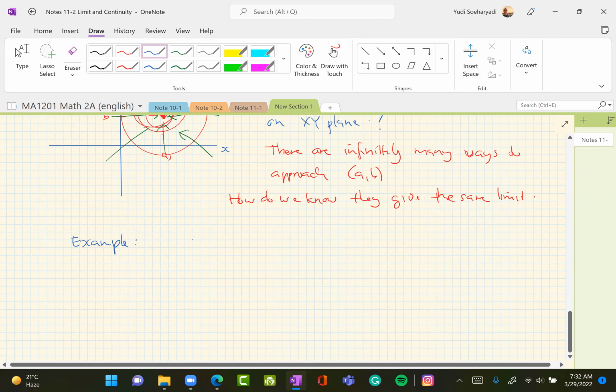Okay, let's see this limit here. Say this is whenever x, y is not equal to 0, of course.